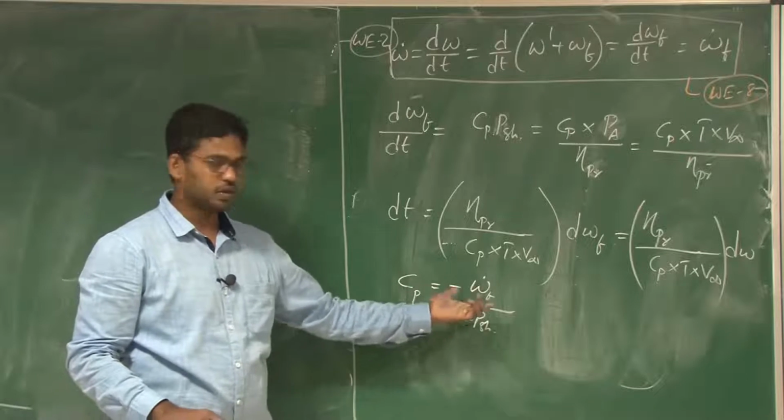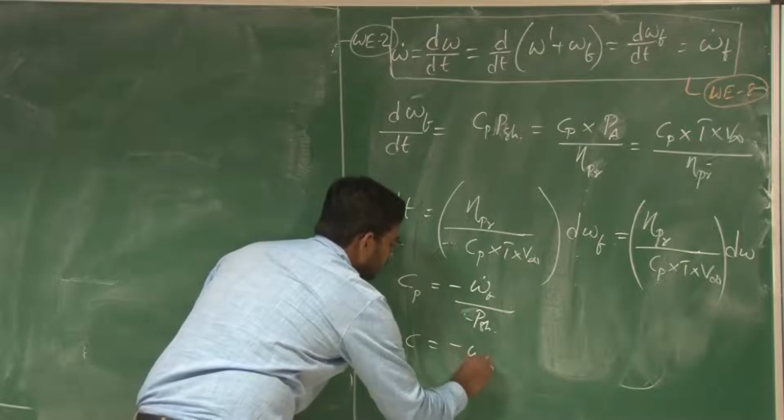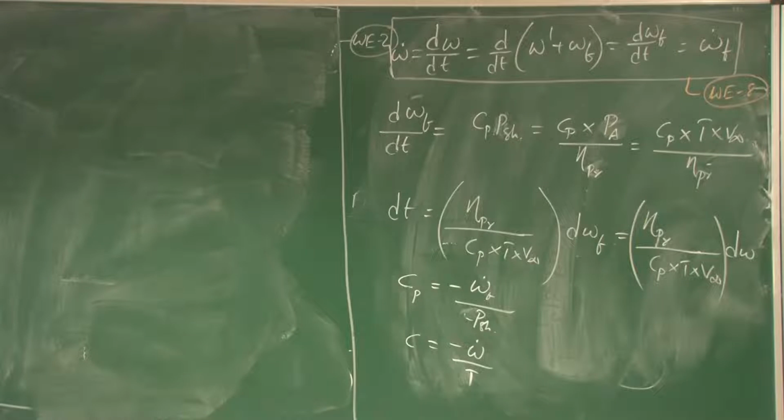So Cp is defined as minus of W dot f. Similarly, C is defined as minus W dot by T. Please make a correction here.